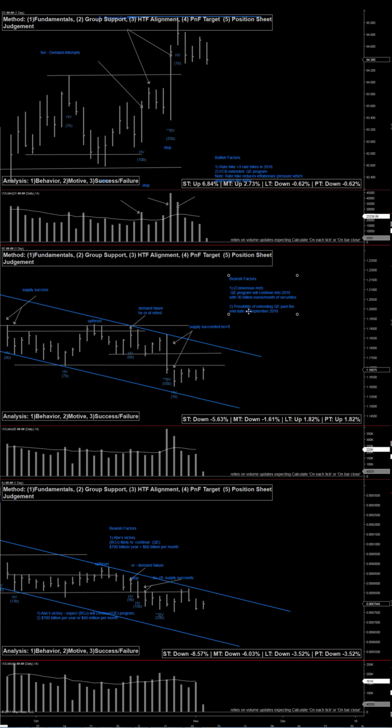So this second piece is very important. Possibility of extending QE past the end of September 2018 opens the door to continued easing. So that's a pretty big problem for this market. That's one of the reasons why it's weak.